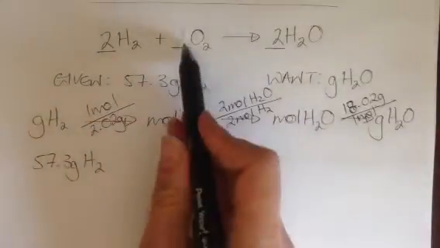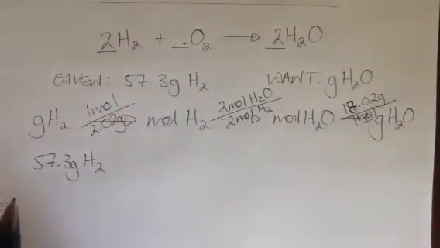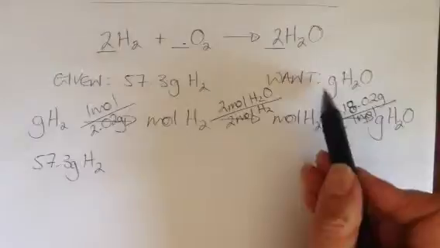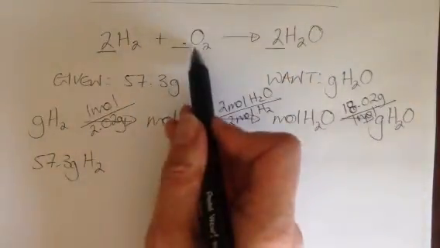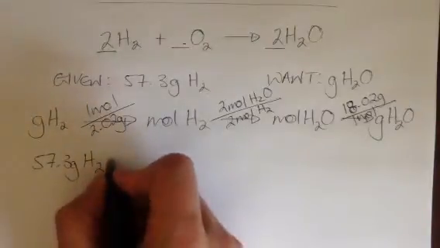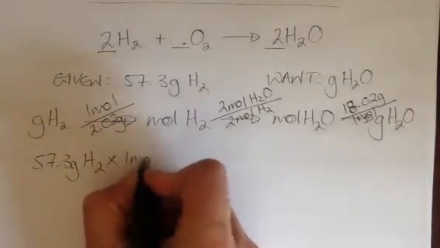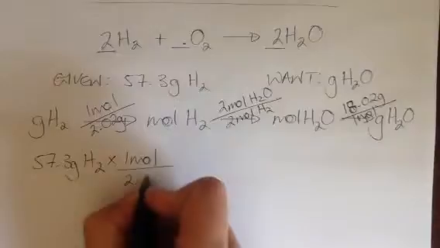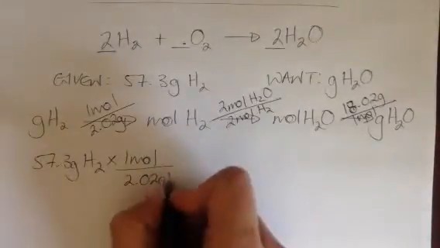We have to assume we've got more than enough oxygen while we're doing the problem, okay? If we're calculating grams of water from a certain amount of hydrogen, we're going to assume we've got more than enough oxygen. So 57.3 grams of hydrogen multiplied by 1 mole over 2.02 grams of hydrogen.